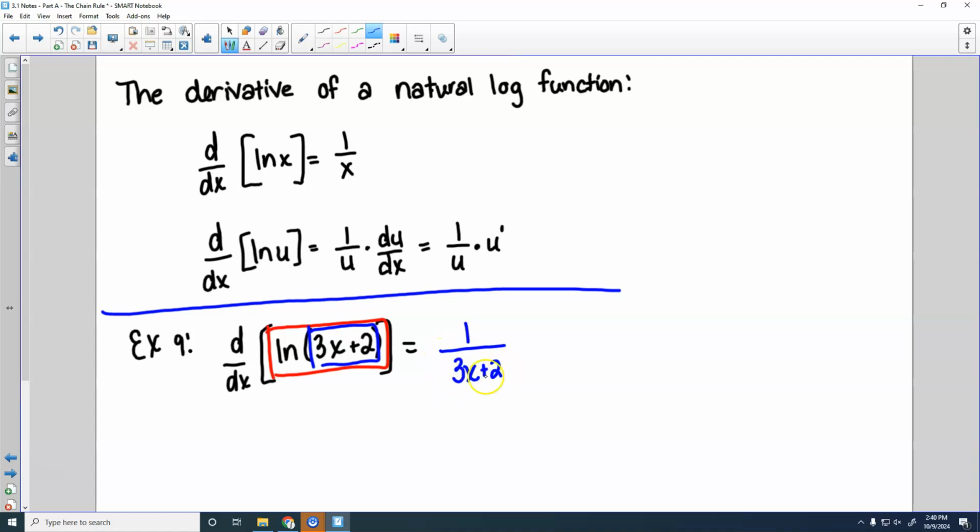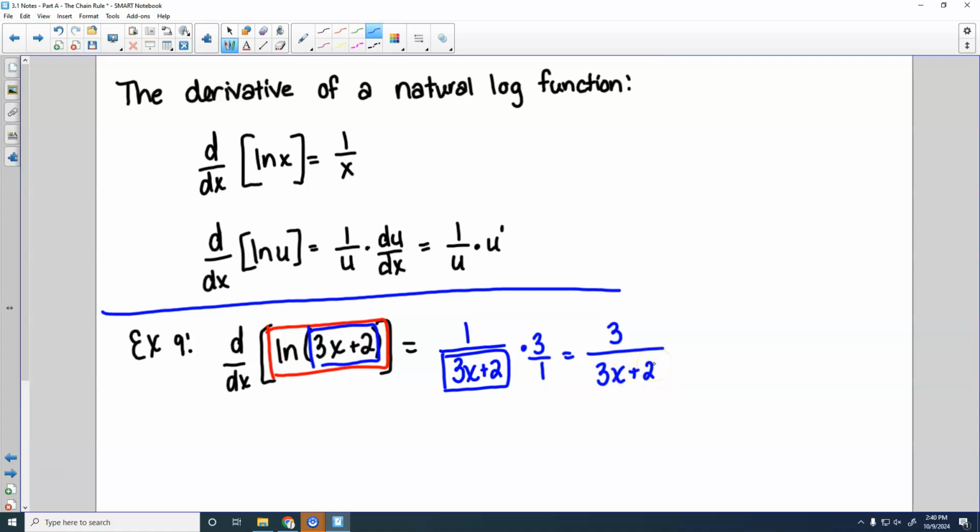But this stuff right here is still our inside part. So the derivative of 3x plus 2 would be just 3. I like to put this over 1 so I can combine it, and then I would have 3 over 3x plus 2.